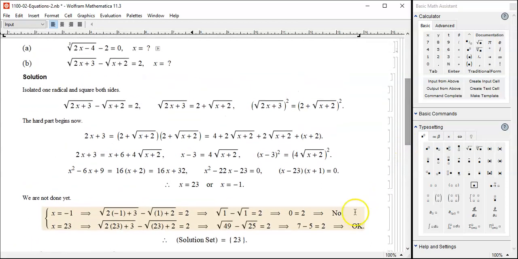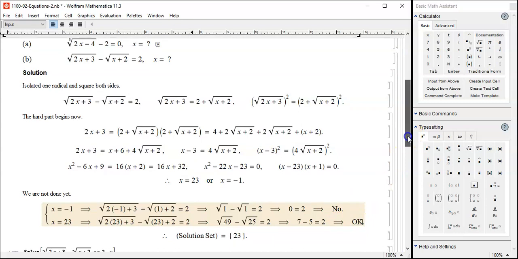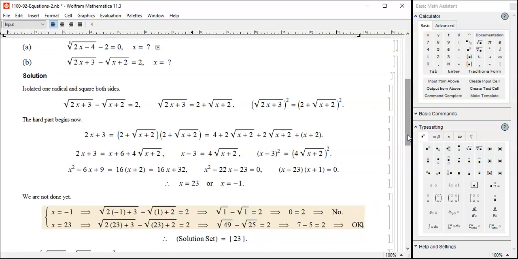So what does this checking process tell you? They tell you that x equals -1 is not a correct solution. It's an extraneous solution. X equals 23, that one's legitimate. The reason is that the equation obtained by squaring both sides, which eventually leads to that, is related to the original equation, but not necessarily the same.